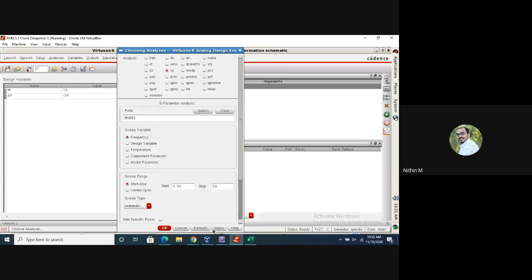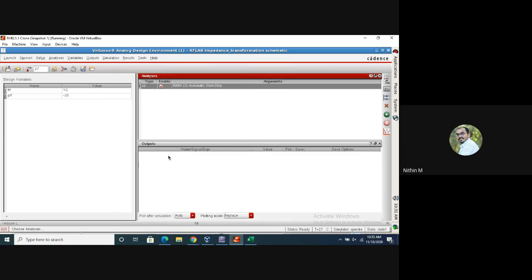The other setup remains the same. I have just modified the values, and I'm giving it for simulation.